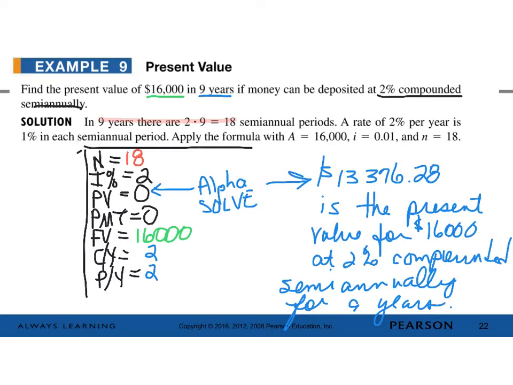So for the future value of $16,000 in 9 years, with money deposited at 2% compounded semi-annually, our present value is $13,376.28.